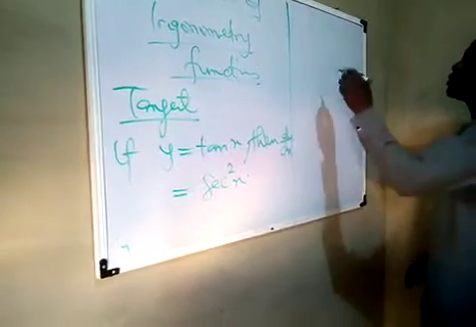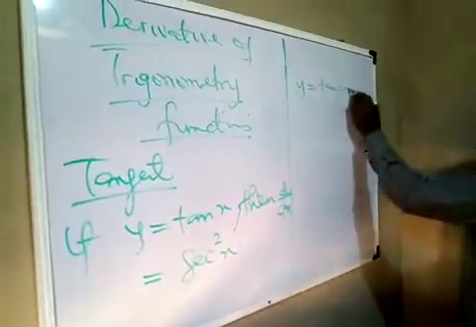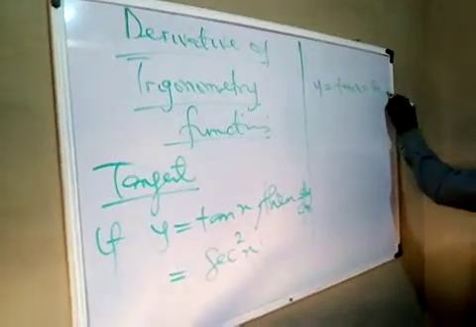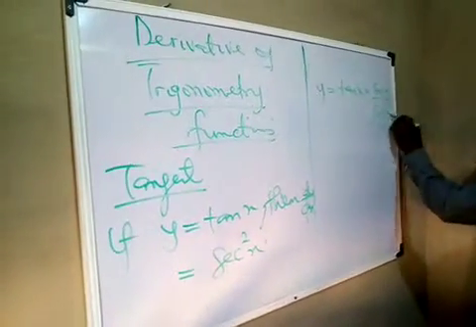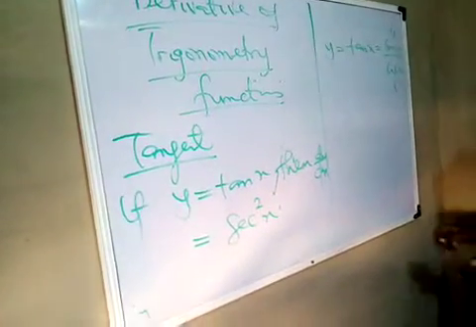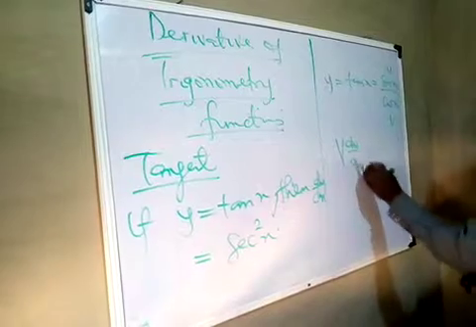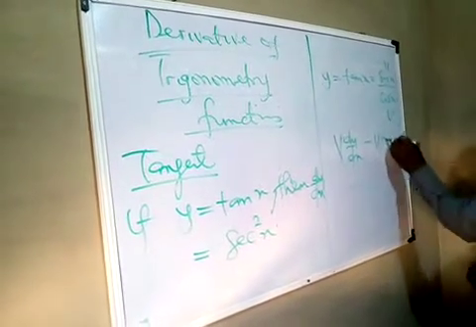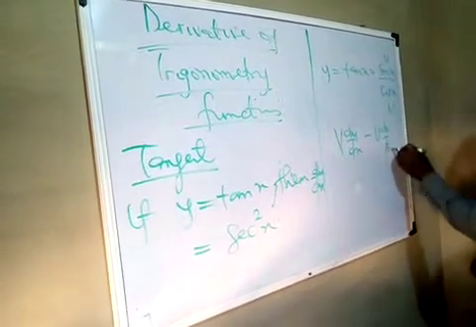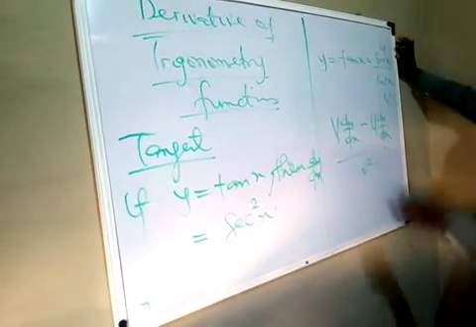So now you know that in mathematics, y equals tan x. Tan x could be written as sine x all over cos x. So using the quotient rule, we have (v du/dx minus u dv/dx) all over v squared. If you substitute this, what's our v?